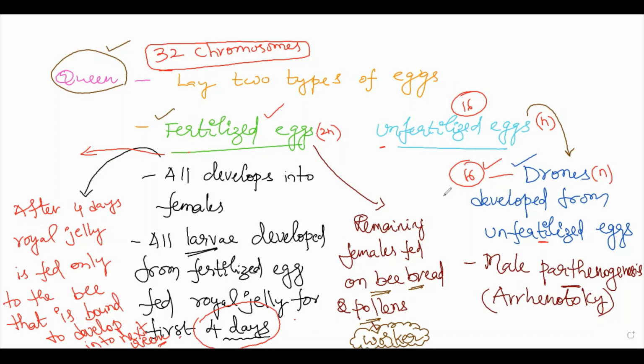Unfertilized eggs contain the haploid set of chromosomes, so the drones receive a haploid set and develop into males by a process called arrhenotoky or male parthenogenesis. Okay.